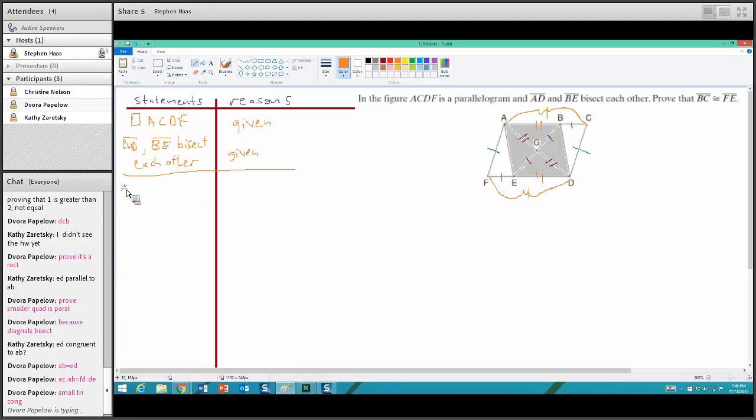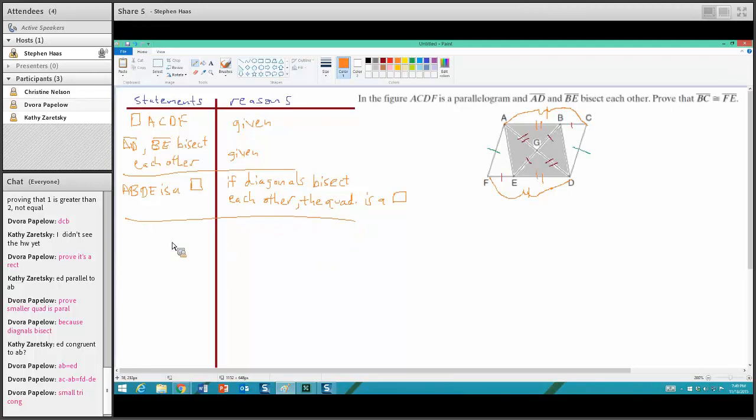We can say ABDE is a parallelogram because if diagonals bisect each other, the quadrilateral is a parallelogram. That's one of the 5 hallmarks of the parallelogram. The others being opposite sides are equal, opposite angles are equal, opposite sides are parallel, and consecutive angles are supplementary. If you can prove any one of those things, you know that it's a parallelogram.